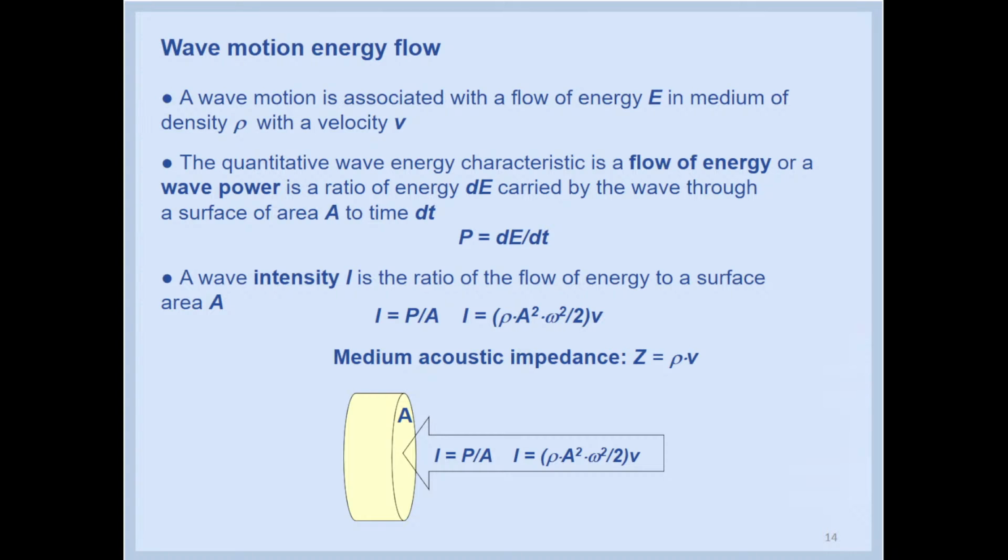And look, the energy carried within this time divided by the time, the flow of energy, becomes an energy characteristic of the mechanical wave. When we calculate how much energy is carried through the unit area of the surface the mechanical wave goes through, we obtain the convenient energy characteristic of the wave, that is the intensity.